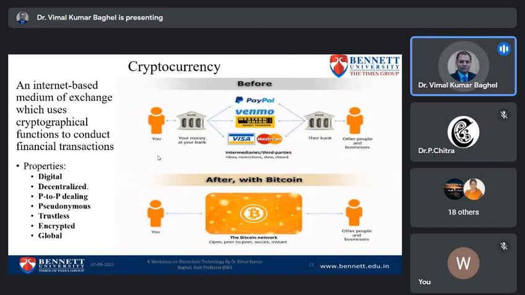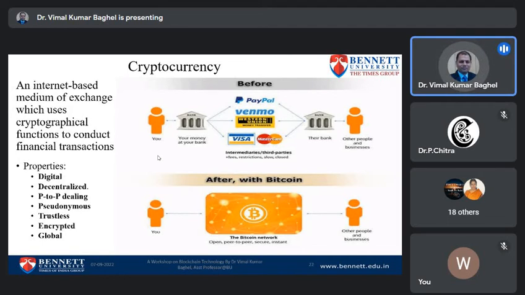You have only one identity, that is your 64-bit address. You don't have to trust anyone, your trust is automated there. The transactions are encrypted, and crypto trading can be done at the global level. It does not have any boundary.